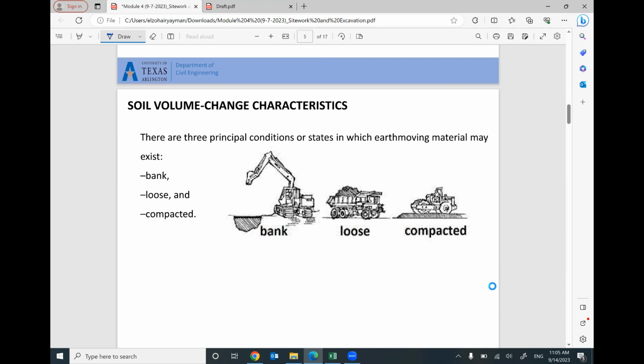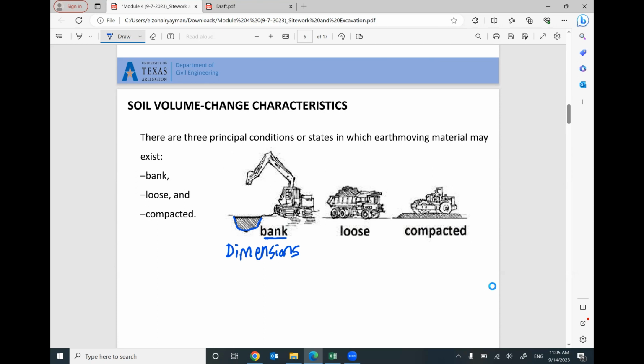The most important thing we learned in this module is that if you have a hole in the ground, like a swimming pool, a foundation, a basement, whatever, and you have the dimensions for this hole or this excavation, these dimensions will give you the volume of the actual soil in the bank state or bank condition.